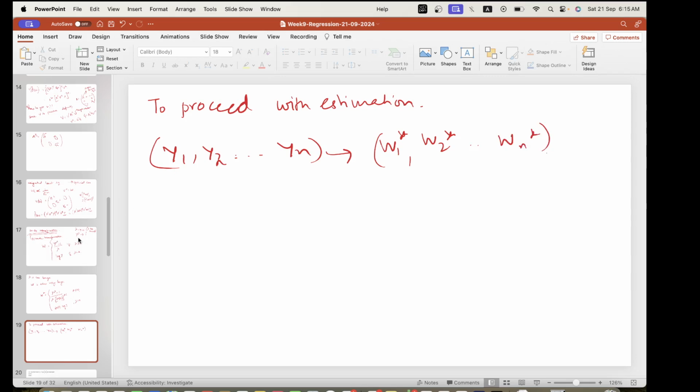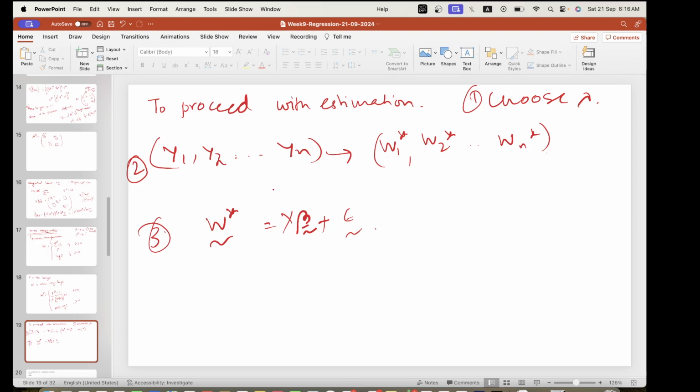Then instead of y we fit w star on X beta plus epsilon. So the first step is we choose a lambda, the second step is we transform y to w star, and the third step is we fit this.